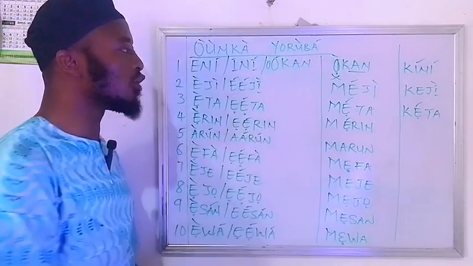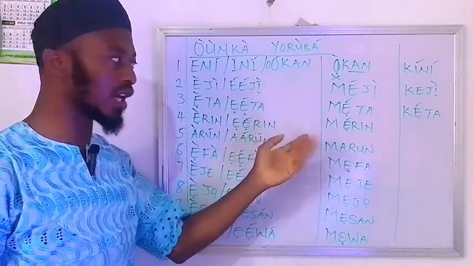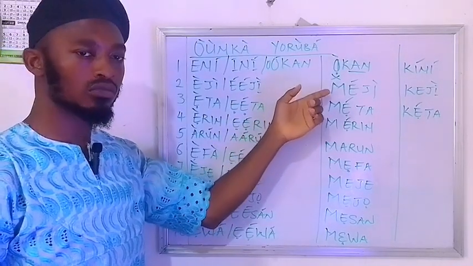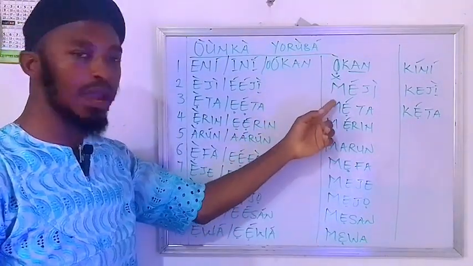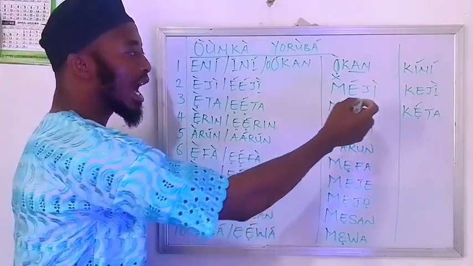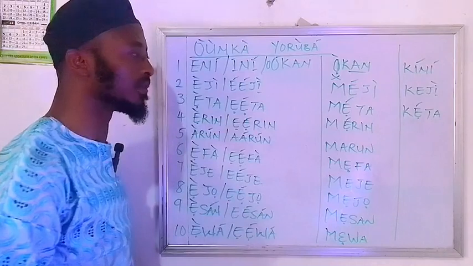So if you are using your number in counting in Yoruba language, what you just need to do is from 2 to 10, just add m in front of them and you have your numbering.